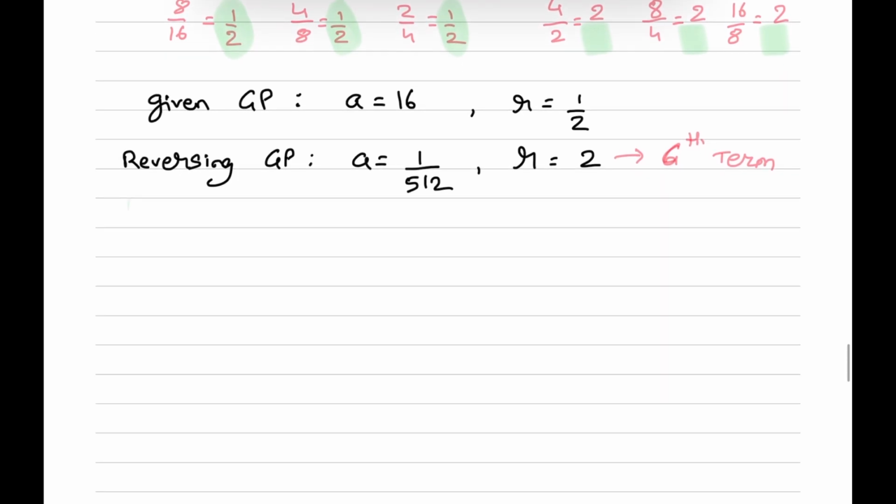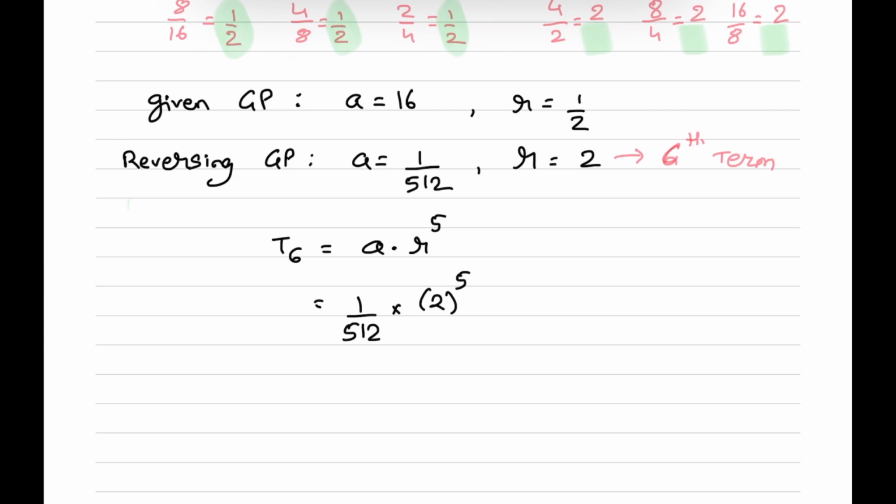So for this, the sixth term T6 is equal to A times R raised to 5, which is 1 upon 512 times 2 raised to 5.